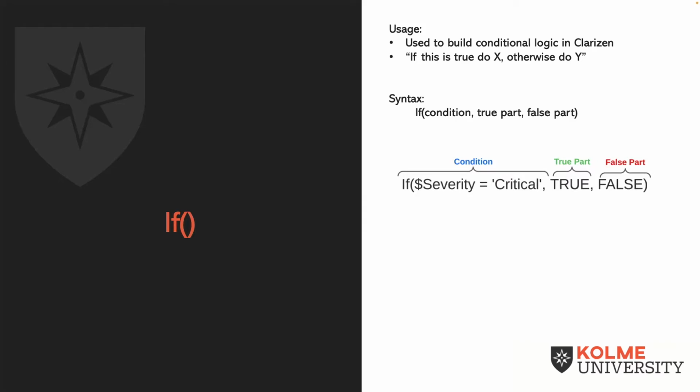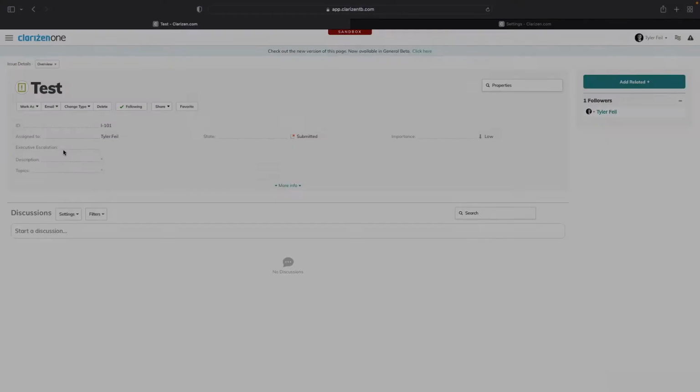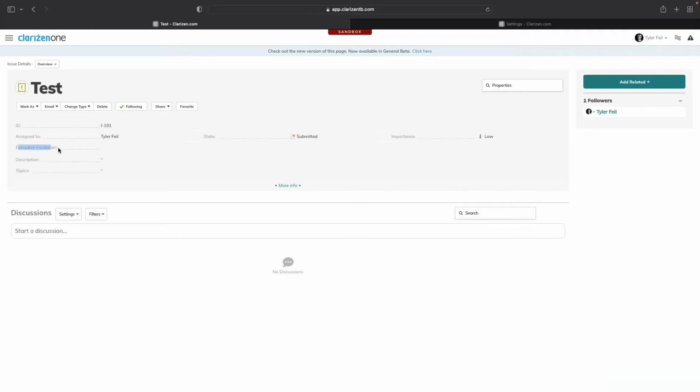All right, Tyler, do you have an example you can show us? Yeah, I have an example. So let's dive into a project here and look at an example. We created an executive escalation custom field that is a toggle. So what this looks at is the importance of this risk.